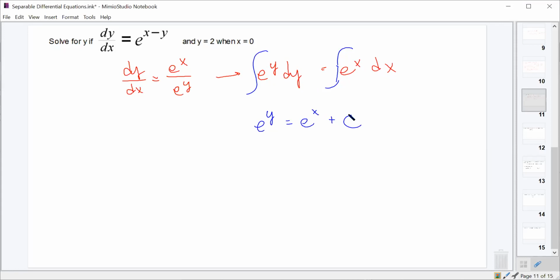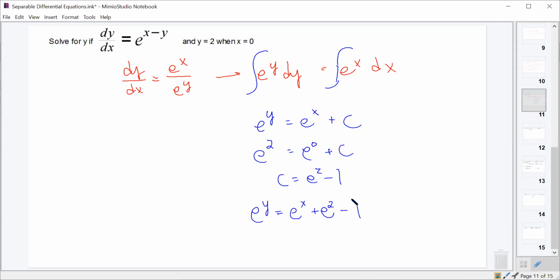And now we need to solve for our constant by plugging in 2 for y and 0 for x, giving us what is our constant? E squared minus 1. And so we now got e to the y equals e to the x plus e squared minus 1.